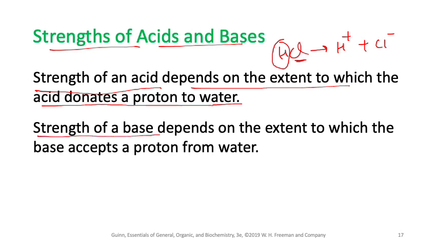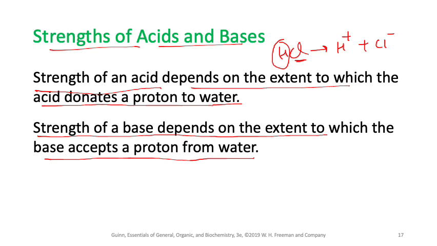And the strength of a base depends on the extent to which the base accepts a proton from water. So it depends on how much the base accepts the proton, or how much the acid donates a proton to water. Based on this, we divide acids and bases into two categories: strong acid or weak acid, as well as strong base or weak base.